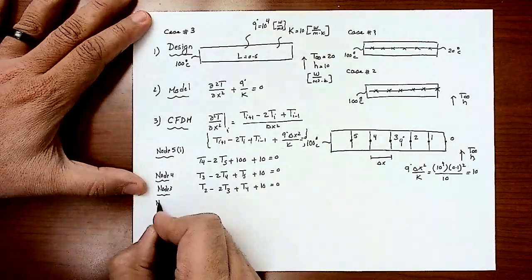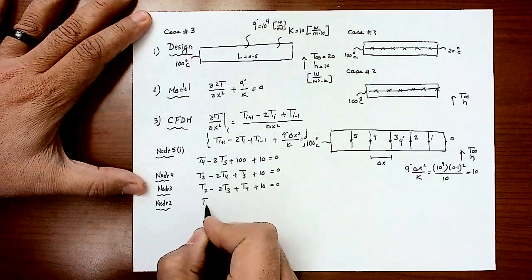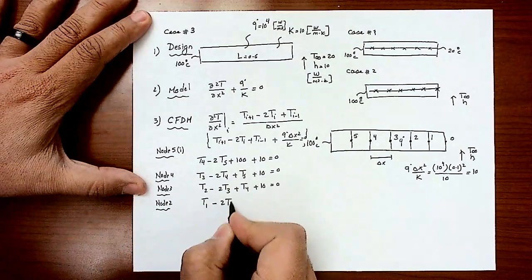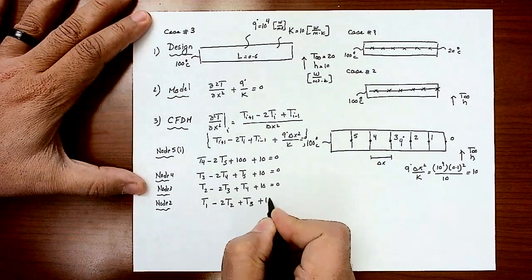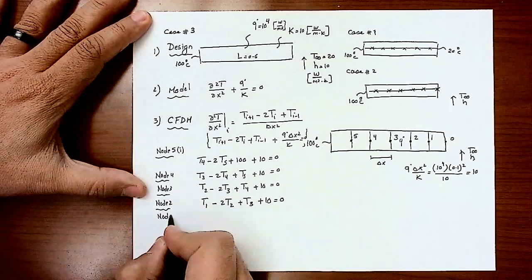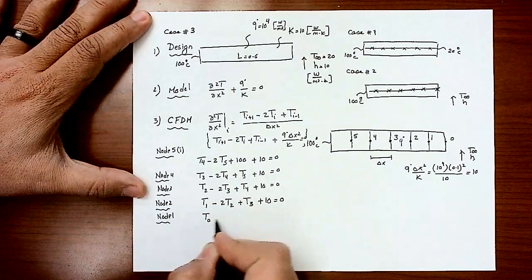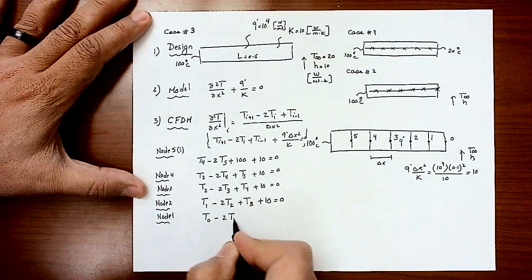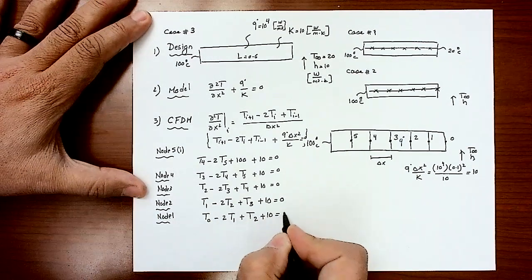For node number 2, it's going to be T1 minus 2 T2 plus T3 plus 10 equal 0. For node number 1, it's going to be T0 minus 2 T1 plus T2 plus 10 equal 0.